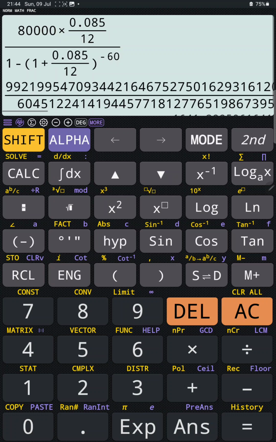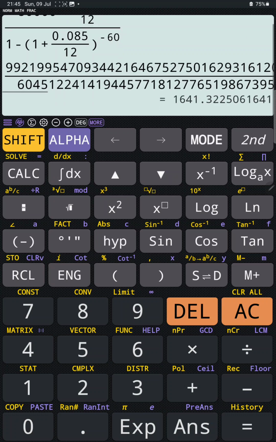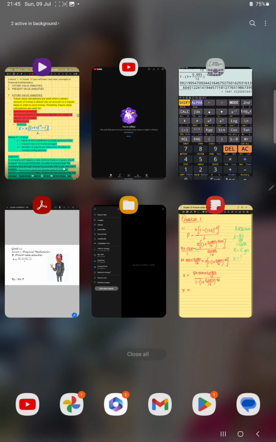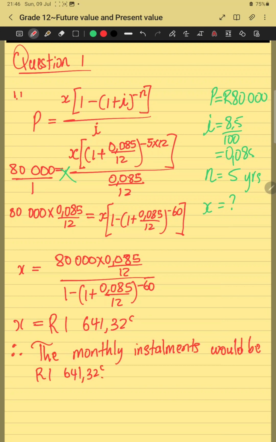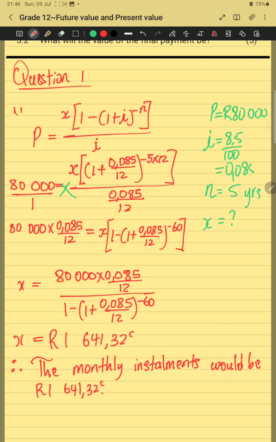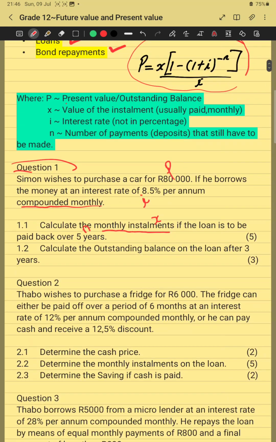And then the answer is going to be 1,641 rand, so it's R1,604.32... that is, R1,641. And then we also write the conclusion. This is the monthly installment. This is our conclusion. Then now we move on to the next question.